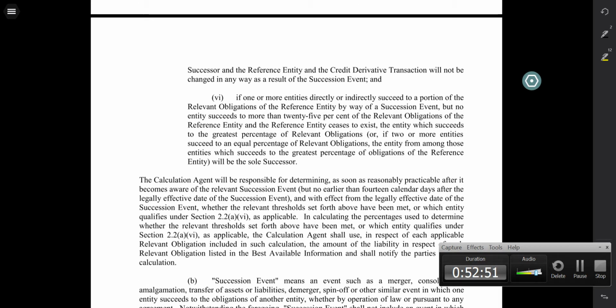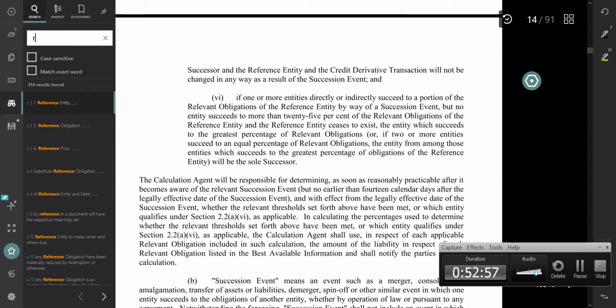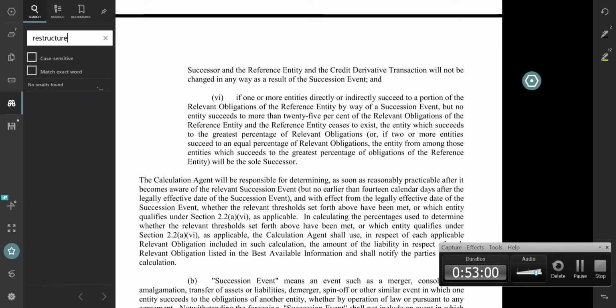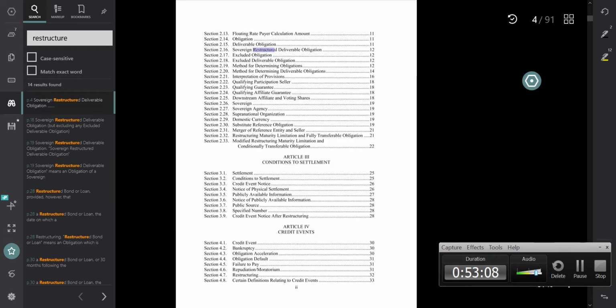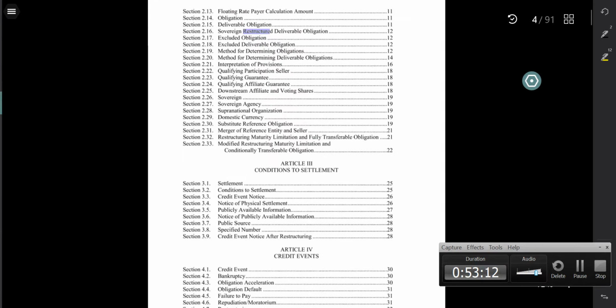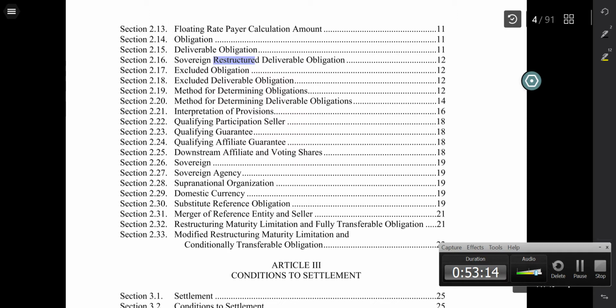If you want to know about restructuring, hold on. They probably tell you somewhere. Sovereign, restructured, deliverable obligations. Oh, a lot of things that you are curious about, you will find some explanations in here. It's a good way to learn, but it's just a bit boring. So that's the definition.